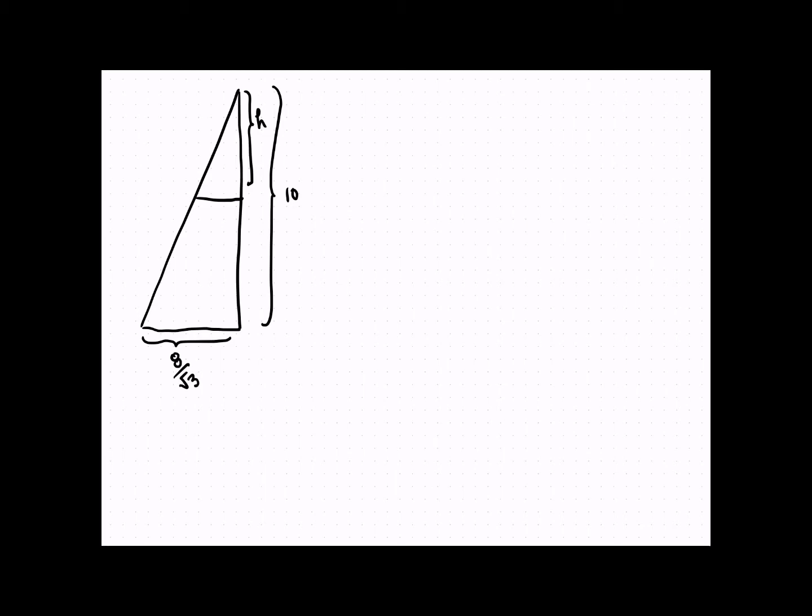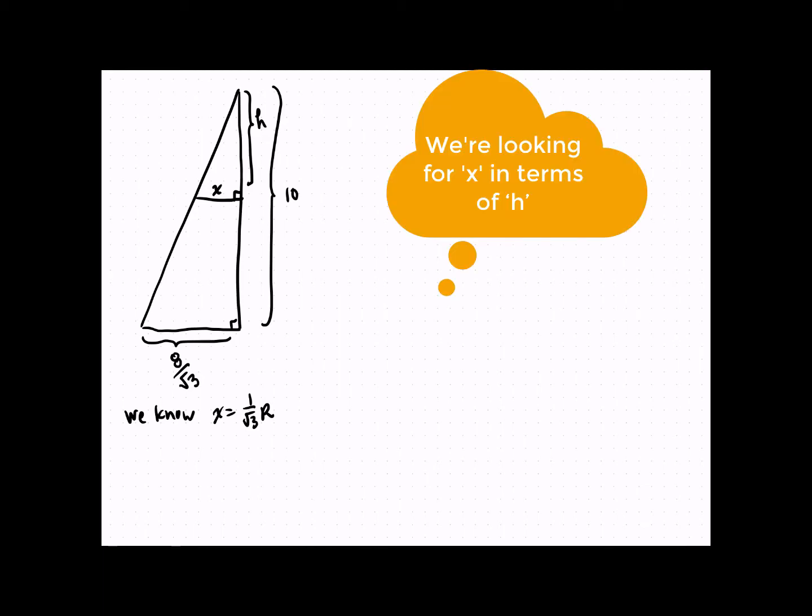And this other distance here, well, I guess I call that x in the picture. We know x equals 1 over root 3 r. So in this diagram, if I can find out what x is, I can figure out what r is. This diagram is important because we've got similar triangles, and similar triangles tell us the following.